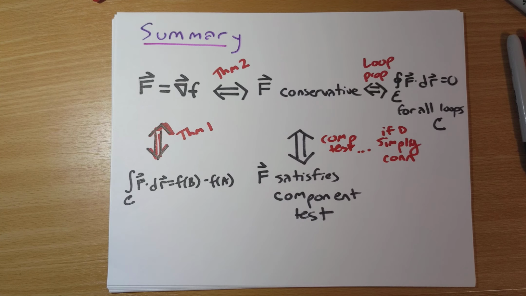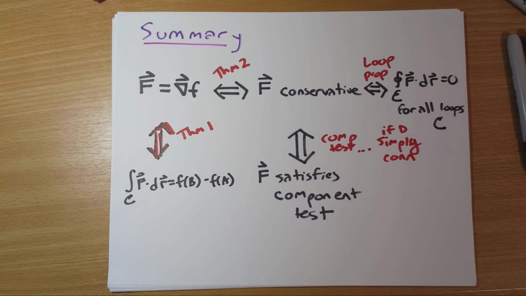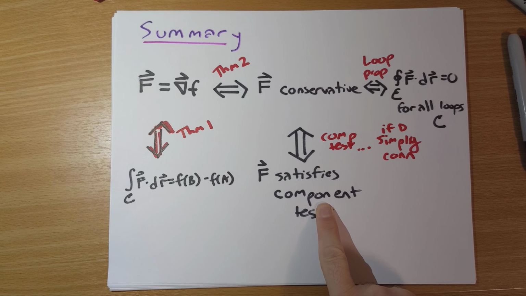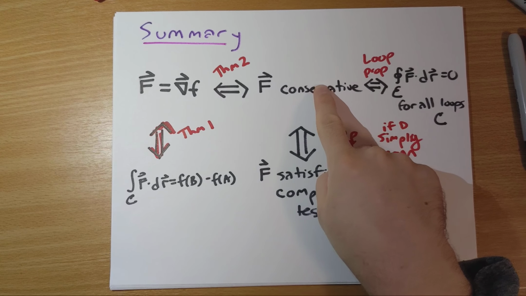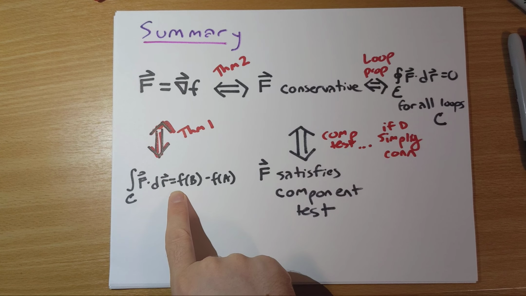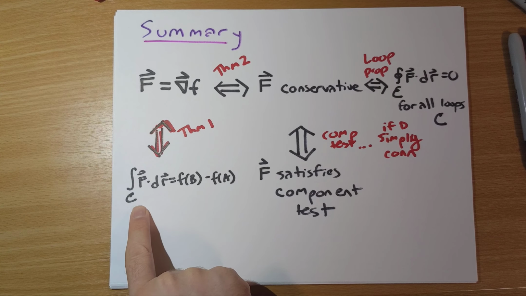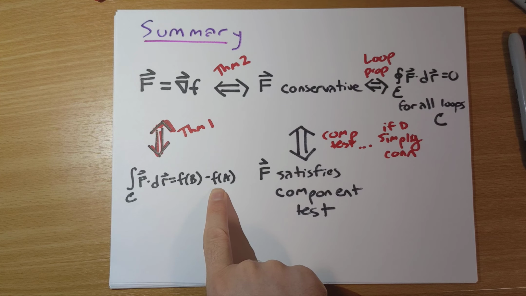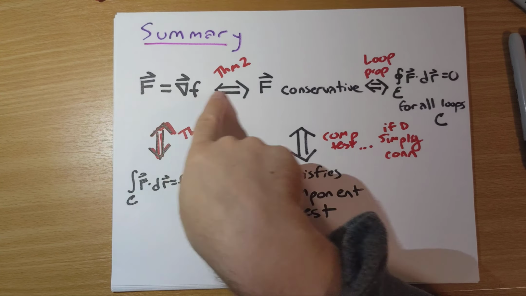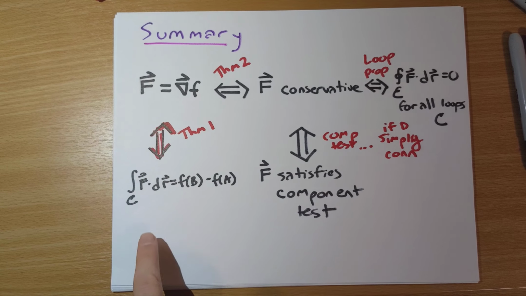And so this makes our life really nice. If you have a vector field found in an open simply connected domain, and you can tell it satisfies the component test, it's conservative, which means you have path independence. You can evaluate line integrals that are path independent just by plugging into the potential function, and the potential function must exist, and you can go ahead and crunch it out.